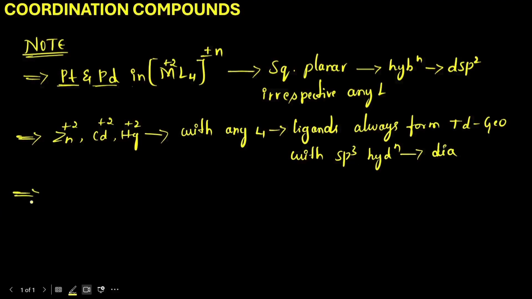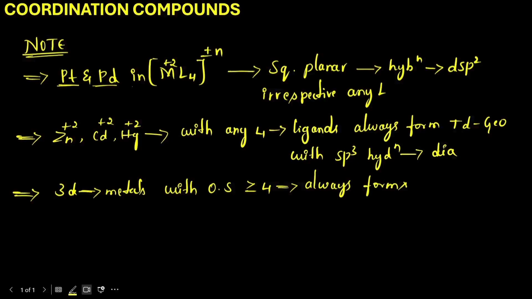And next one is 3d transition metals with oxidation state greater than or equal to 4 always form low spin complexes.